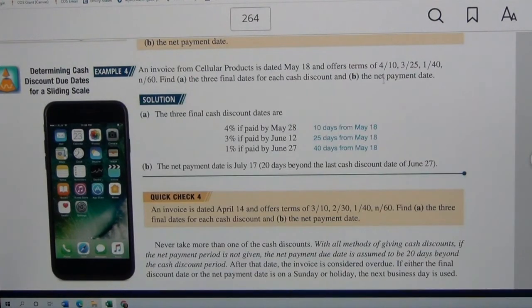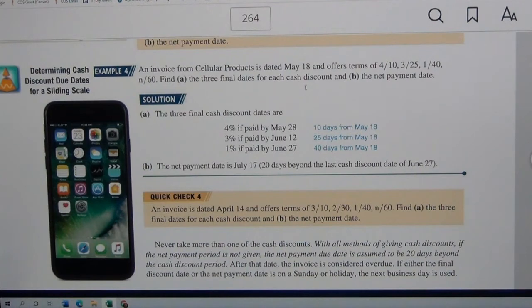Okay, so let's take the discount. The discount's going to be 4% if we pay within 10 days. We're going to go from the 18th and add 10 days. That'll push us to the 28th. All right. We can take a 3% discount and find 25 days after the 18th. The way we come up with that is we know there's 31 days in May. 18 of them are all used up.